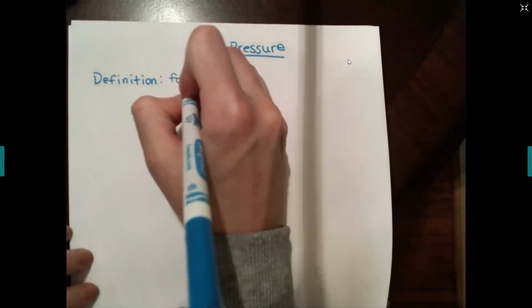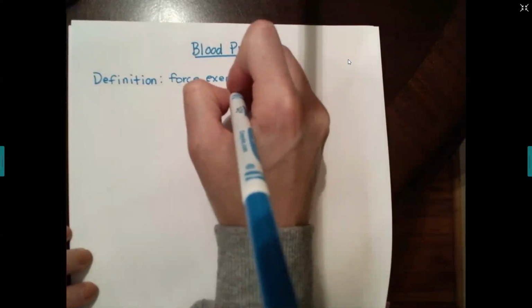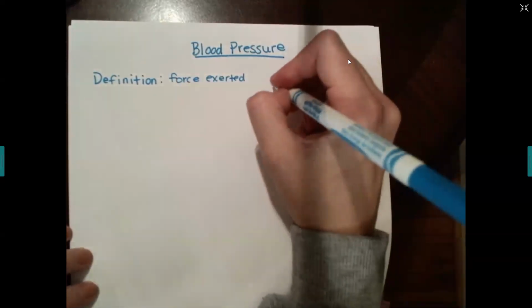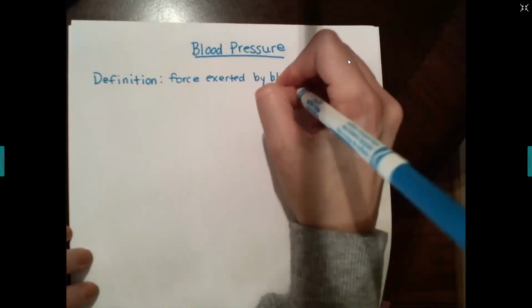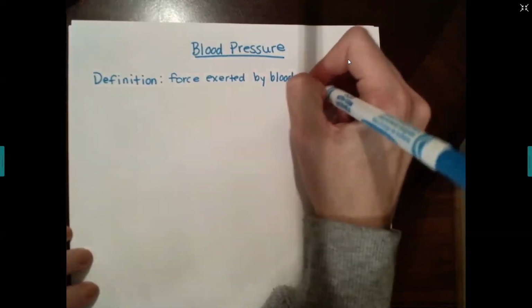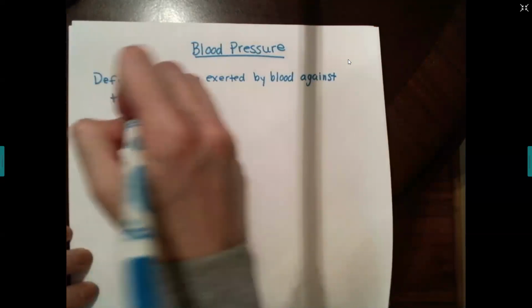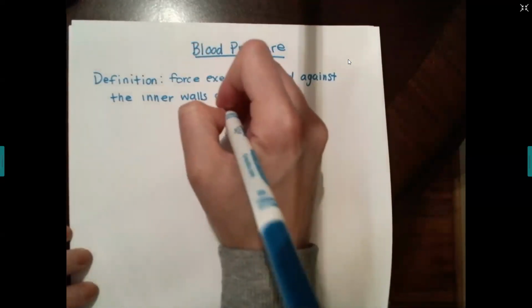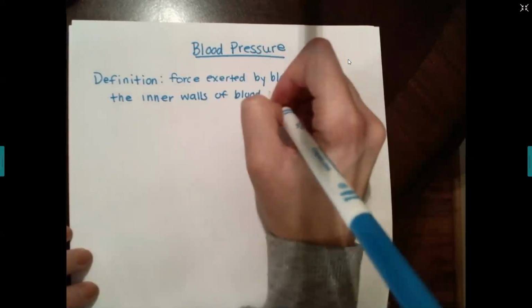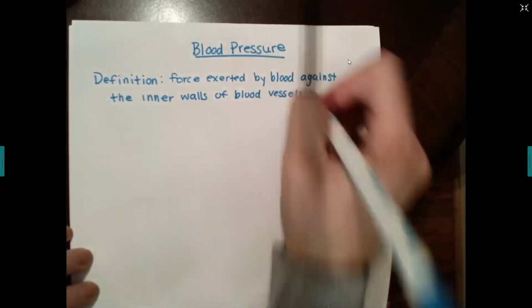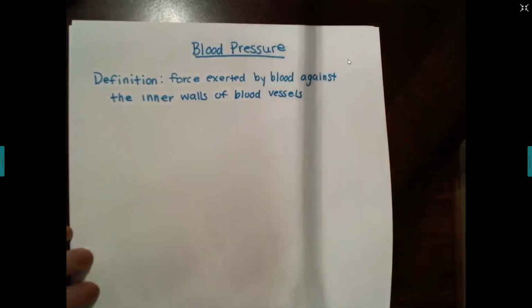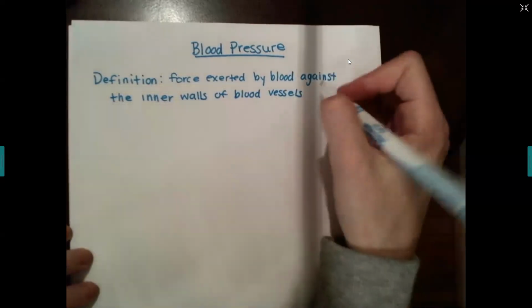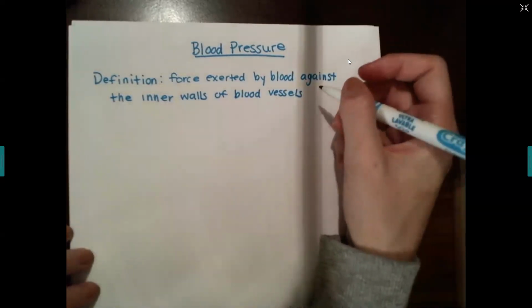It is the force that is exerted by blood against the inner walls of blood vessels. Specifically, we're going to talk about arterial pressure, or the blood pressure found in the arteries, and it's usually measured in the arteries.